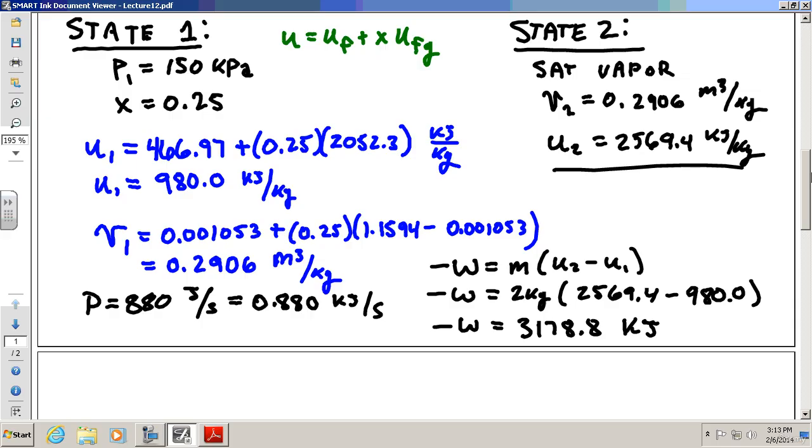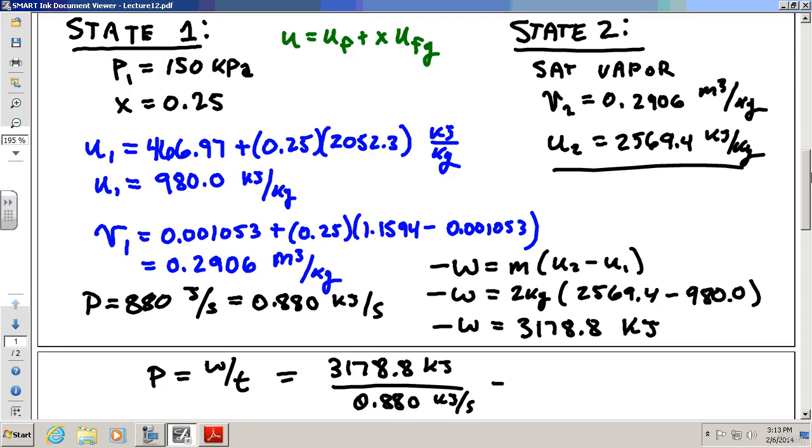So my actual time, remember, power is equal to work divided by time. To solve for time, it's going to be work divided by power. It's going to be 3178.8 kilojoules divided by 0.880 kilojoules per second.